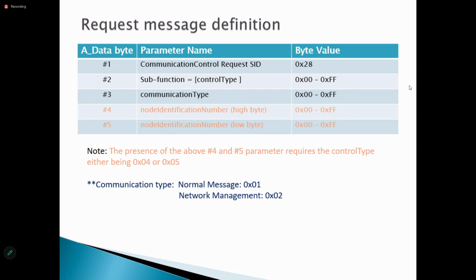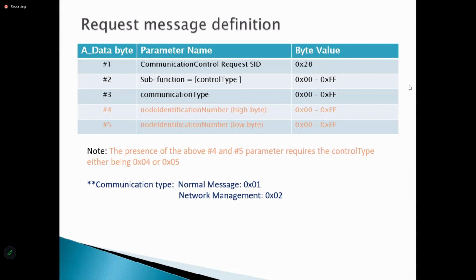And the second type is network management messages. There are network management (NM) messages which control the CAN network. They manage the CAN network: when CAN will go into sleep mode, when CAN will go into wake up mode. So using network management, this kind of control of the network is done. So if the communication type is 01, only normal messages will be stopped, disabled or enabled.